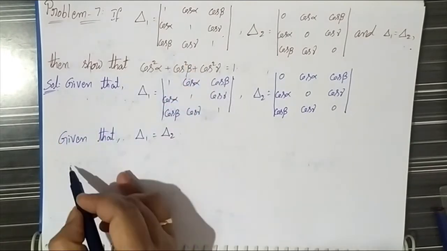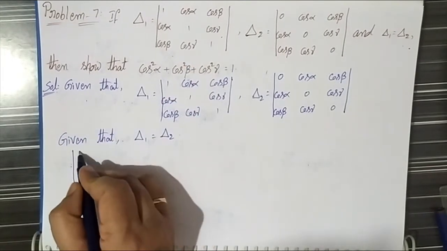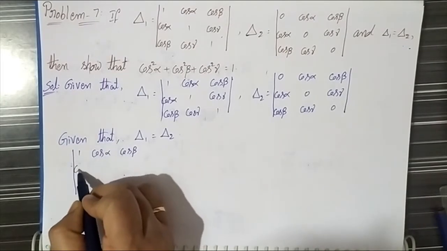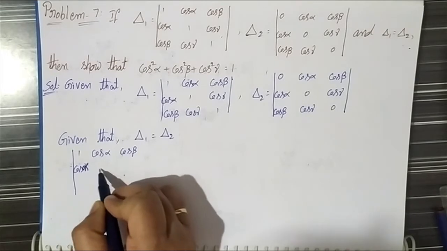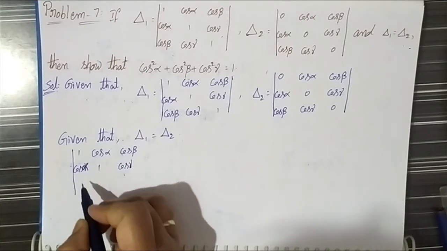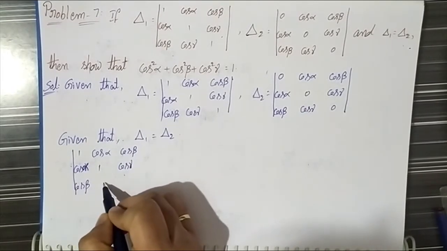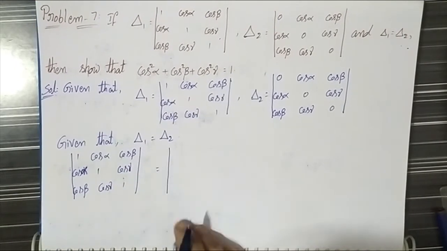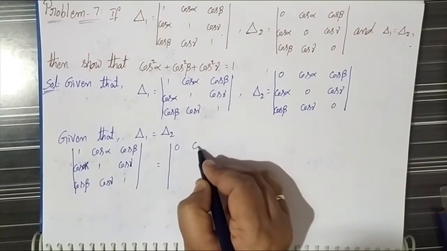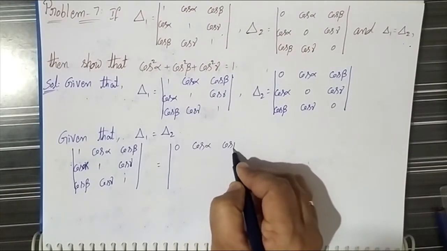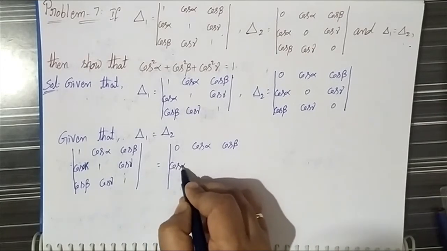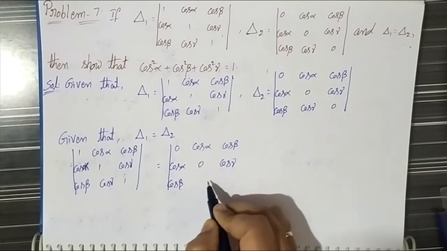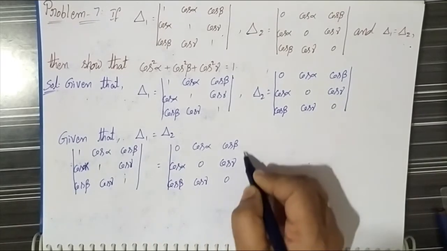Then the delta 1 value is the determinant 1 cos alpha cos beta, cos alpha 1 cos gamma, cos beta cos gamma 1, which is equal to the delta 2 value, the determinant 0 cos alpha cos beta, cos alpha 0 cos gamma, cos beta cos gamma 0.